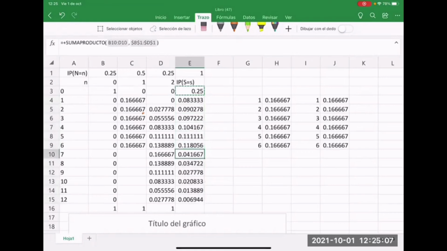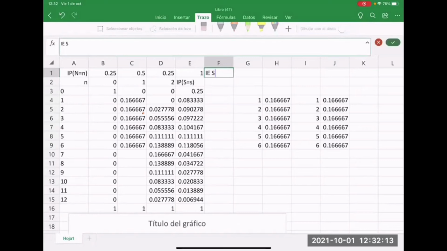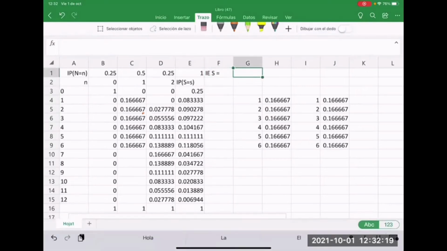And finally, I can just compute the sum of what I just did. Now, I will compute the expectation of the random variable S. Now, we can do that in two ways. The first is just to take the product of the expectation of n times the expectation of x.